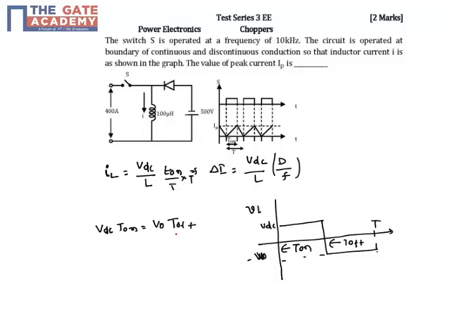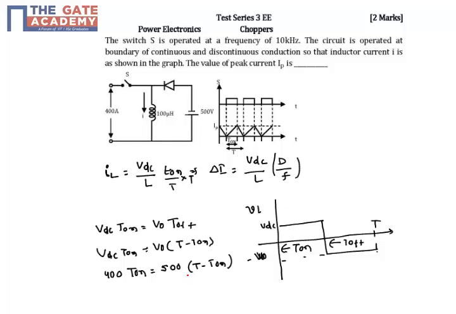So now this T off I can write as T minus T on, and this equals VDC into T on, right? So how to calculate this? VDC is how much is given? It is given as 400 volts. So this T on is equal to V0, given as 500 volts, into T minus T on, right?